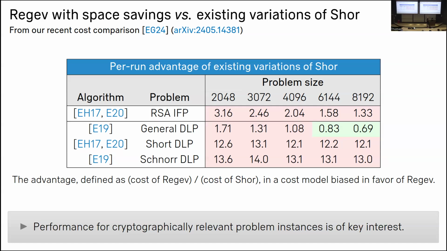Shor's algorithm is not always better. When you get to sufficiently big problem instances, Regev's algorithm is better. We have some breakpoints in this paper as well, where if you consider 16,000 bit instances, then Regev's algorithm actually is better in this biased cost model. So if we do not switch to post-quantum and instead just use larger and larger instances of RSA, then eventually Regev's algorithm will have the advantage. But this does not seem like the way the world works.